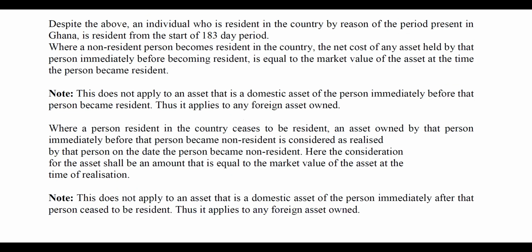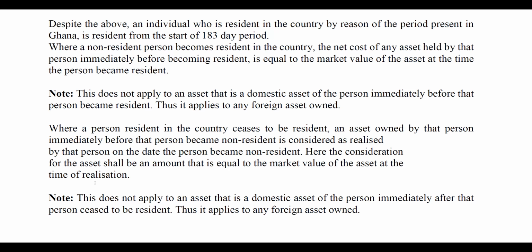So where a person resident in the country ceases to be resident, an asset owned by that person immediately before he became non-resident is considered as realized. Realization can mean sale, exchange, disposal, right? So it means that you have disposed of your assets at the date you became non-resident. And here the consideration for the asset shall amount to the market value of the asset at the time of realization.